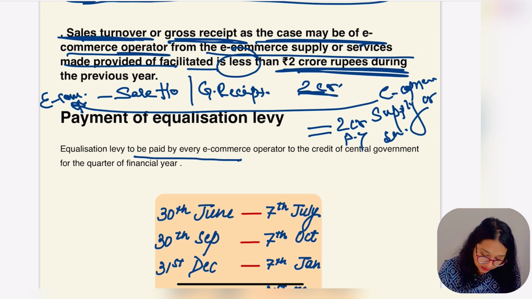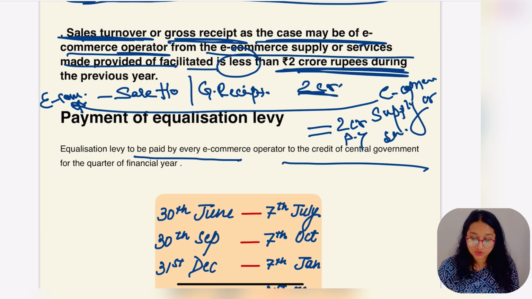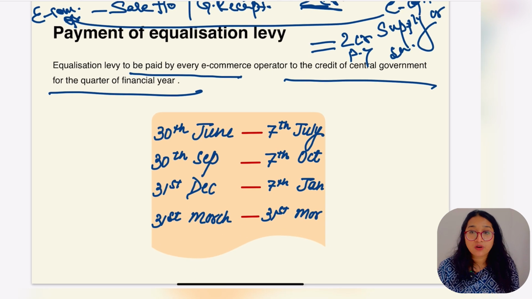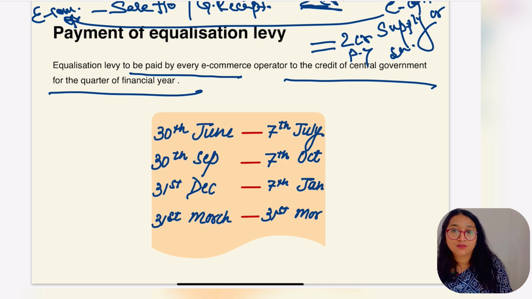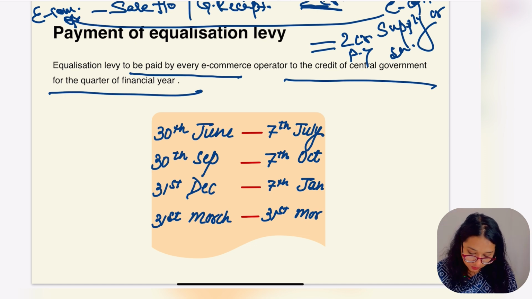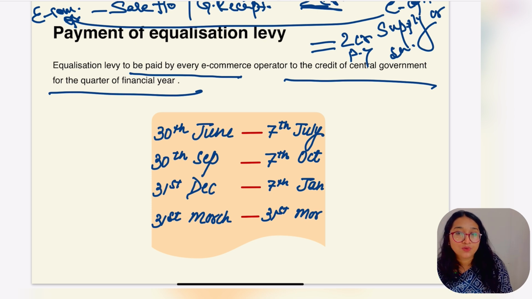The equalization levy is to be paid by every e-commerce operator to the credit of the central government for the quarter of the financial year. The e-commerce operator is going to pay the equalization levy on a quarterly basis. So, June, and again the next succeeding month, the 7th of the next month. But in this case, on what basis is the e-commerce operator going to pay it?